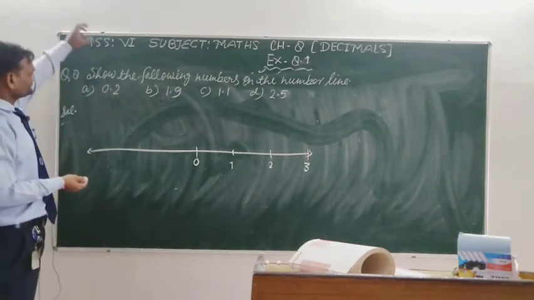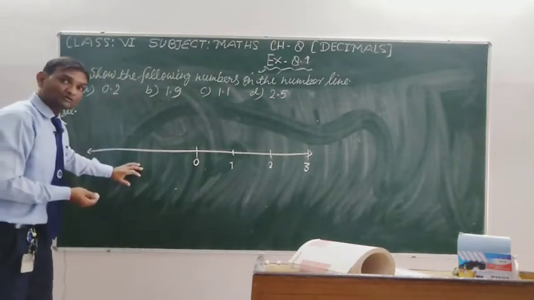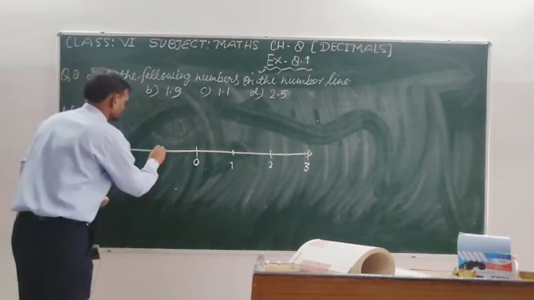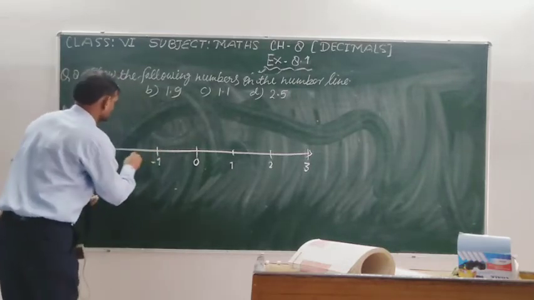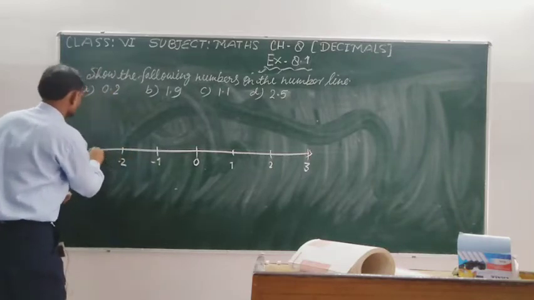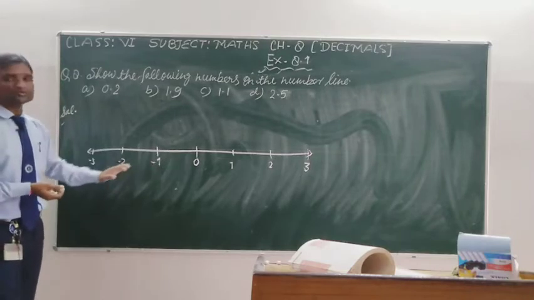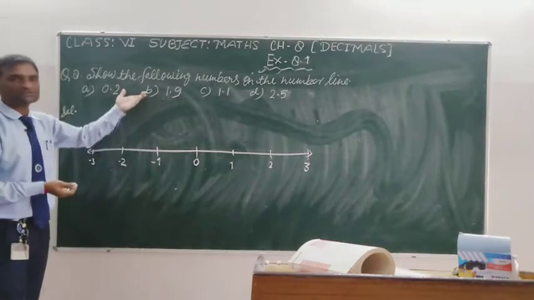After this, student, if you want to show negative numbers, you are free to do so like this: -1, -2 and -3. There is no use of these numbers in this question.